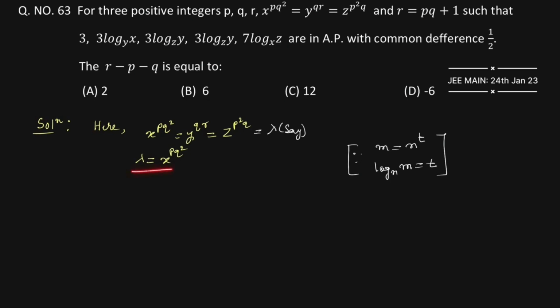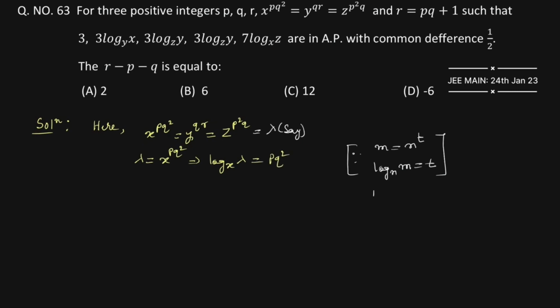So this we are able to write as log base x of lambda, which is equal to pq square. If we take log base pq, which is equal to t, change their position, then you will get log base q of p, which is equal to 1 by t.